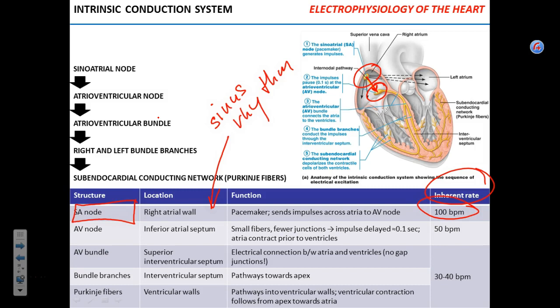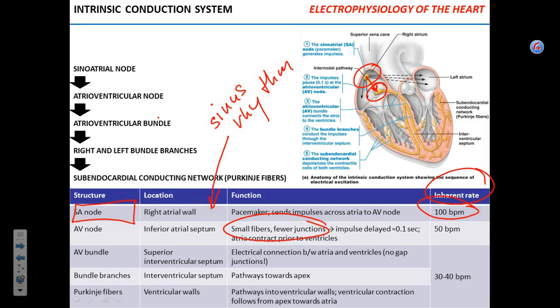Now, AV node has several important features. The fibers that conduct the signal through the AV node are much smaller, right? Does that make sense?